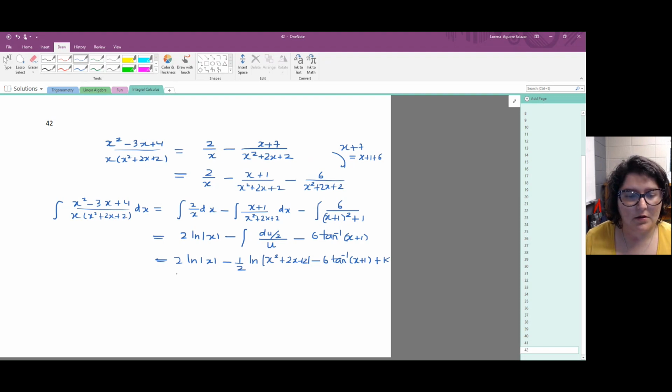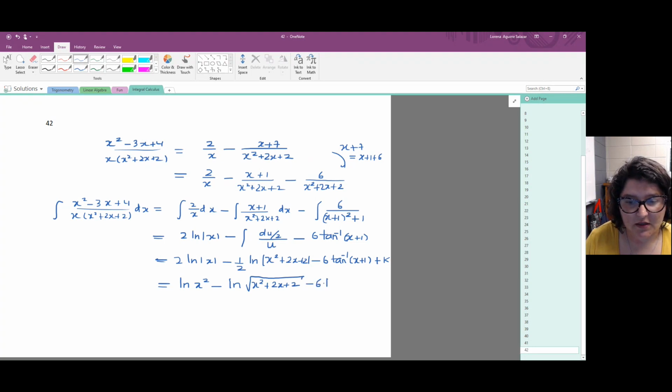So here we have the ln of absolute value of x squared, that's the same as x squared, minus the ln of the square root of x squared plus 2x plus 2. That quadratic is always positive, so we can remove that absolute value.